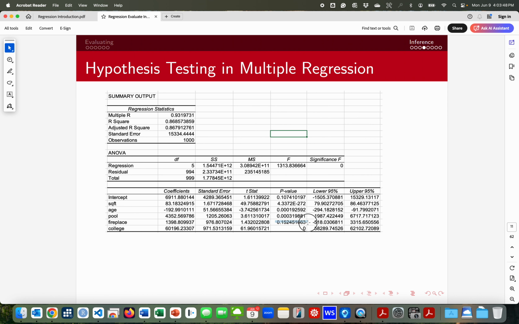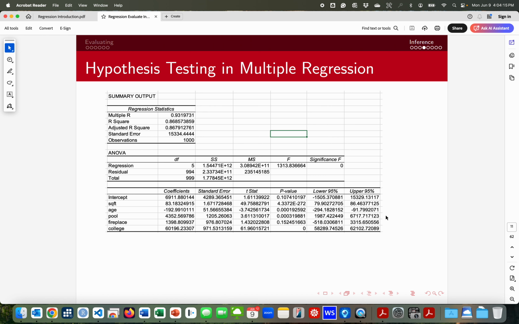Notice the p-value there is 0.15. So this coefficient tells us that on average, homes with a fireplace sell for $1,398.80 more than homes without a fireplace, but that's not sufficiently different from 0 for us to reject the null hypothesis. And if you look at the 95% confidence interval, 0 falls in the interval.